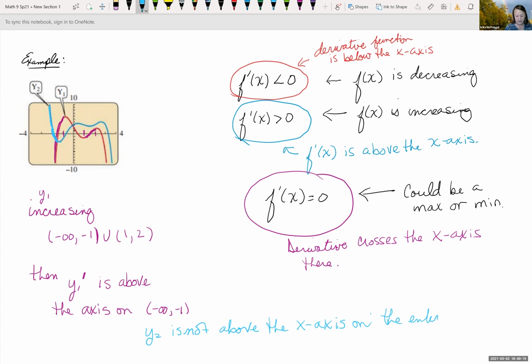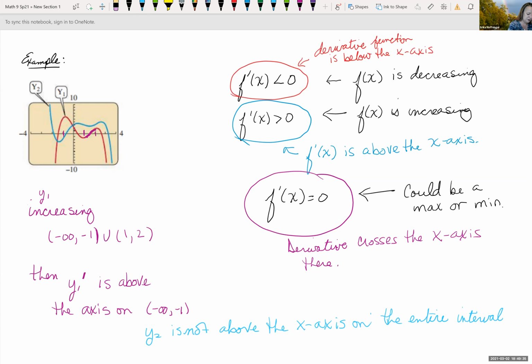That would tell me right now that I have a contradiction. Y sub 1 could not be the original function. So I would go back and see, does this hold if y sub 2 is my original function?